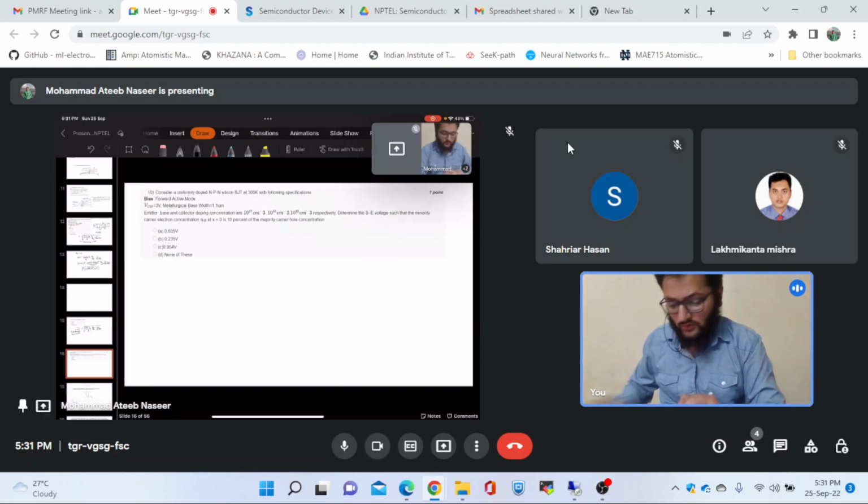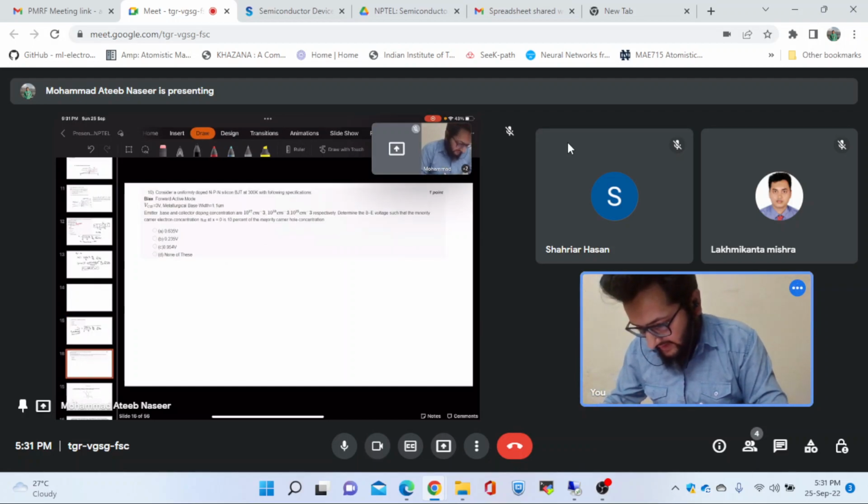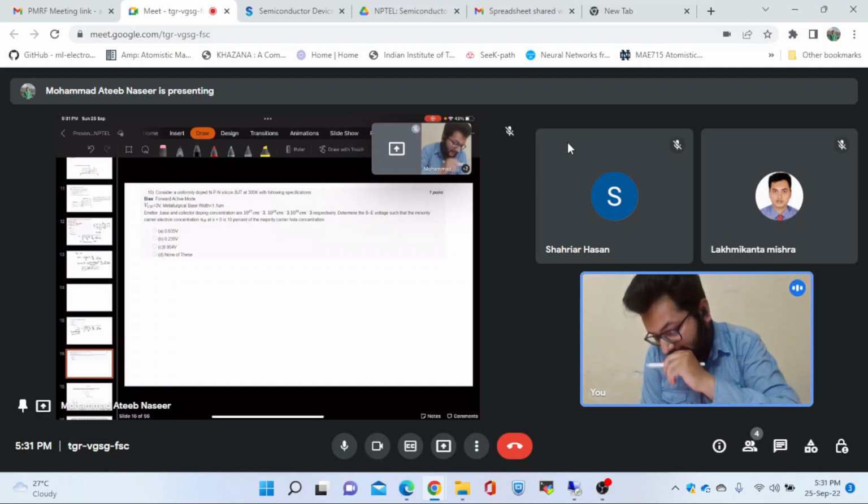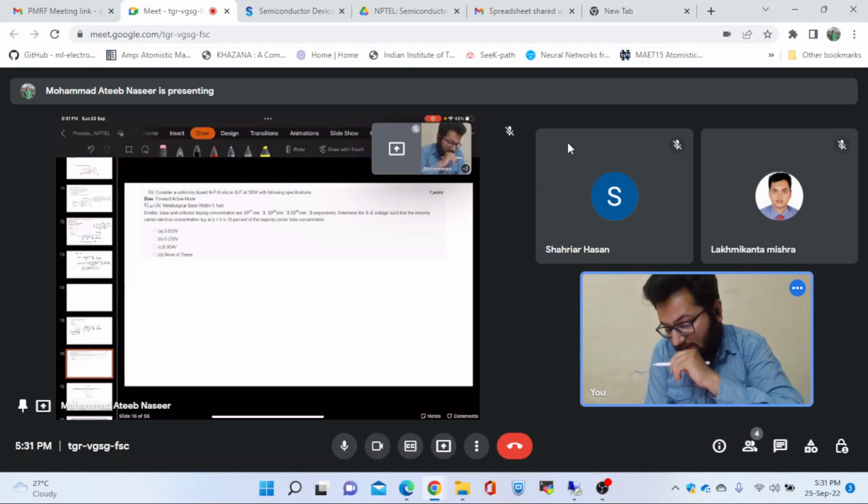So let us move towards another problem which says that we have a uniformly doped NPN silicon BJT where the temperature for this operation is going to be equal to 300 Kelvin, and the bias is such that we have this in a forward active mode, and this VCB, this collector to base voltage, is going to be equal to 3 volts, and this base width is going to be equal to 1.1 micrometers.